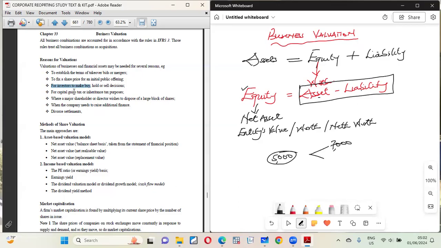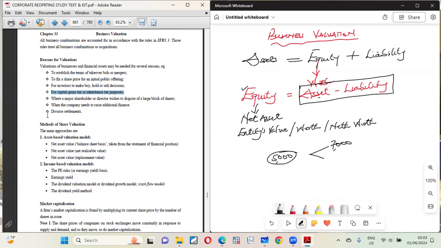For the tax authorities, they use it to calculate capital gains taxes. Because if I am able to value the business at this amount, then if you sell it, I can find the cost, then I can also find the value of selling the asset, then I can tax you on the capital gain.